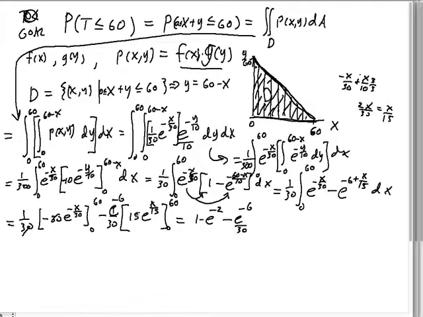And then we see there's a 15 there over 30. That actually becomes a 2, right? And then finally we have 1 minus, and then 60 over 15 is e to the 4th power. Okay? All right, so let's keep writing this. That's 1 minus e to the negative 2.